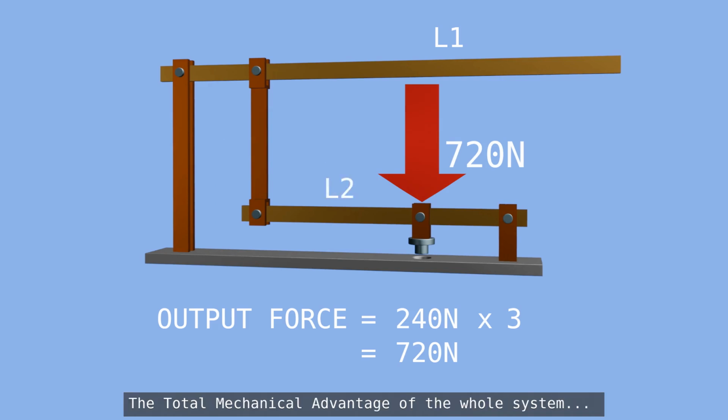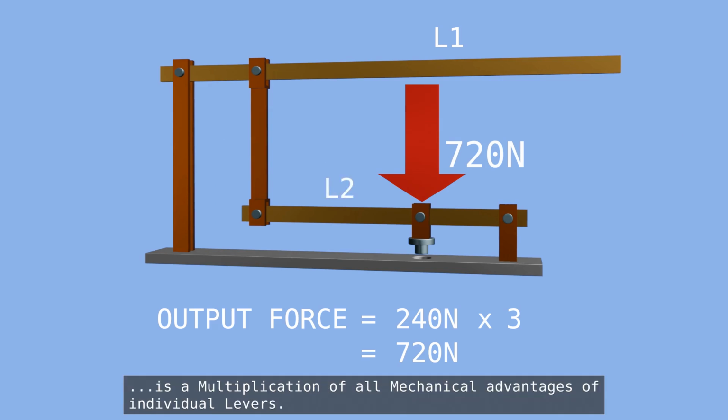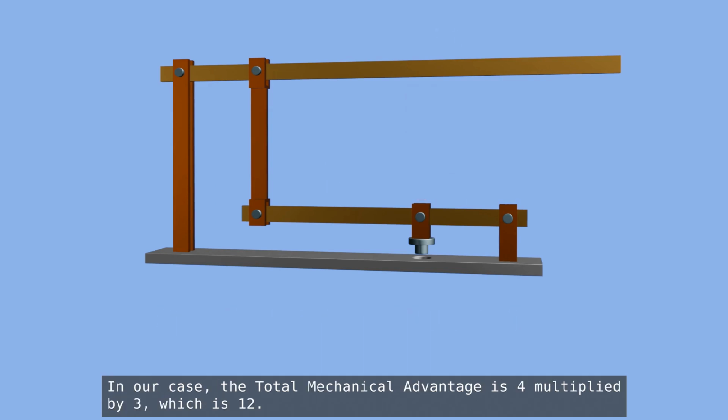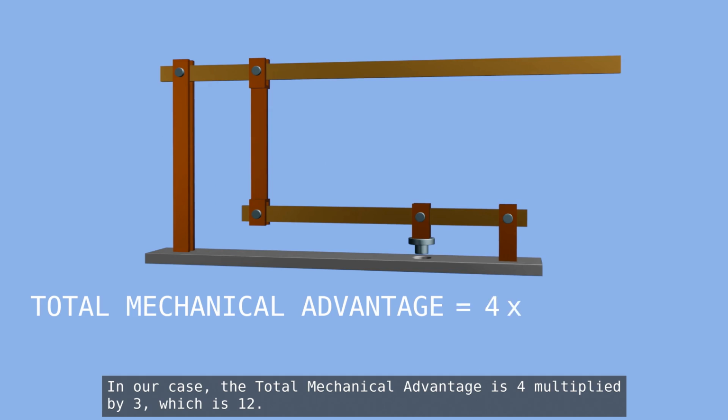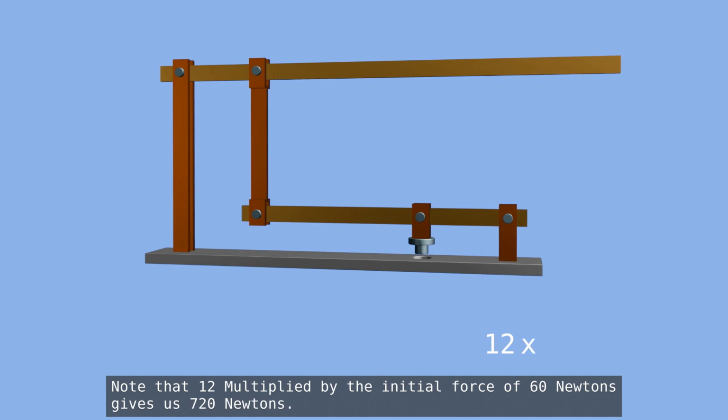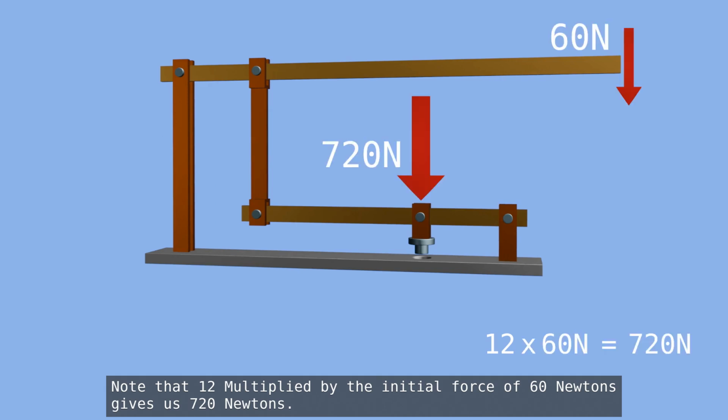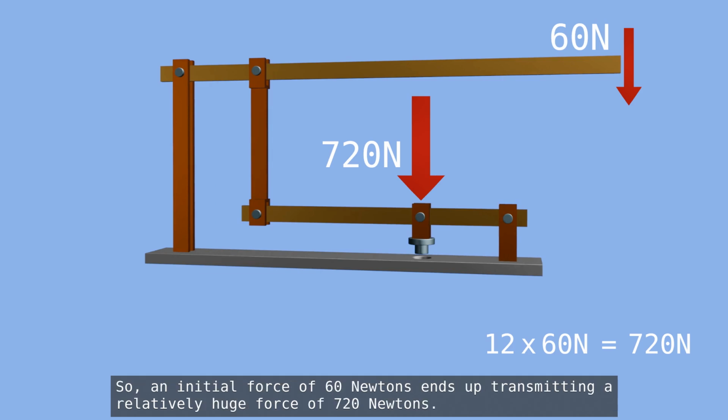The total mechanical advantage of the whole system is a multiplication of all mechanical advantages of individual levers. In our case, the total mechanical advantage is 4 multiplied by 3, which is 12. Note that 12 multiplied by the initial force of 60 newtons gives us 720 newtons. So, an initial force of 60 newtons ends up transmitting a relatively huge force of 720 newtons.